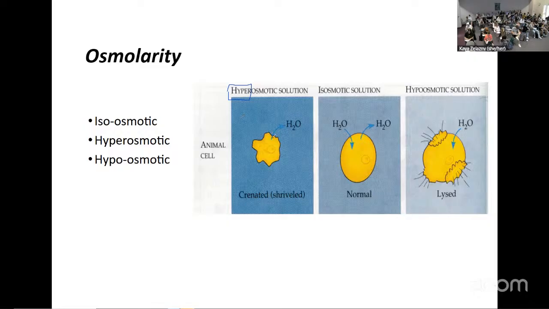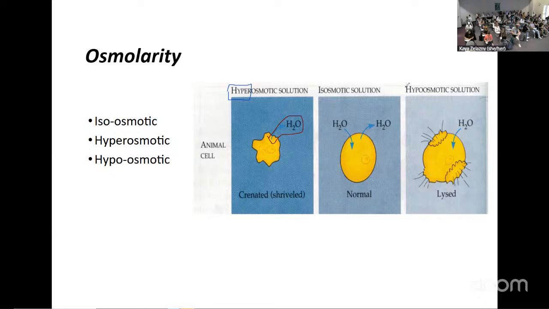And you can see in this situation, we have water moving out of our cell to try and water down that high concentration of solutes, leading to cells that potentially shrivel, get dehydrated. We describe them as crenated if we can see those little wrinkles that are forming as we get more dehydrated.